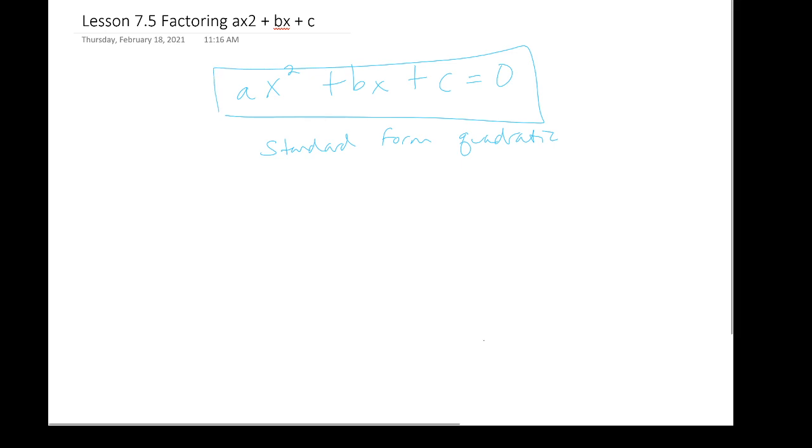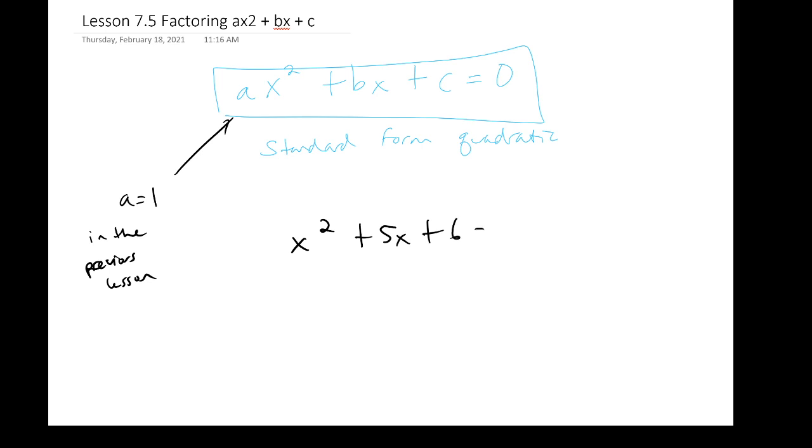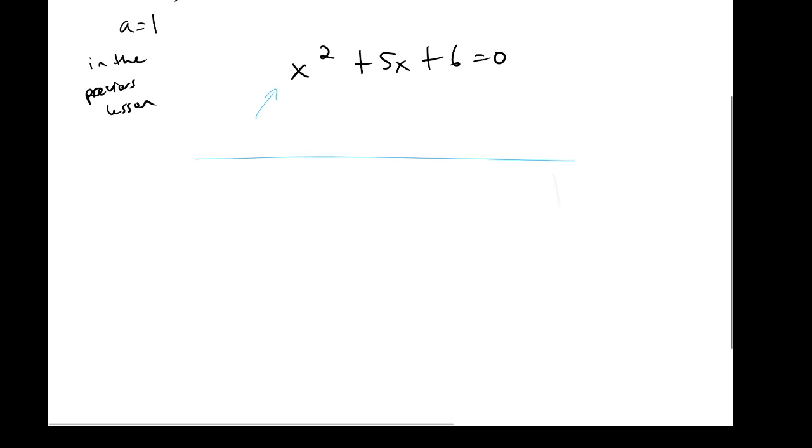And what we've dealt with so far is this, where a was equal to 1 in the previous lesson. So for example, what we dealt with was x squared plus 5x plus 6 equaling 0 if we're going to solve that. And here, this coefficient is going to be a 1. But it may not always be the case.